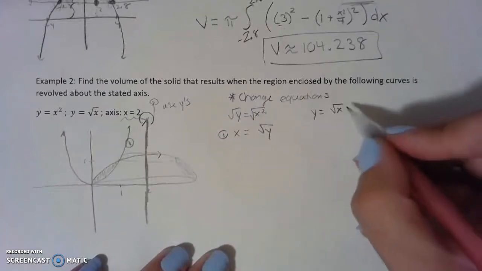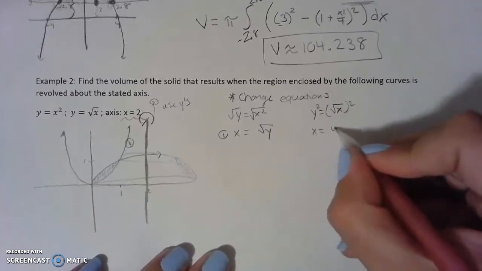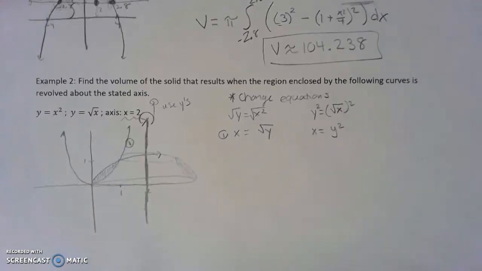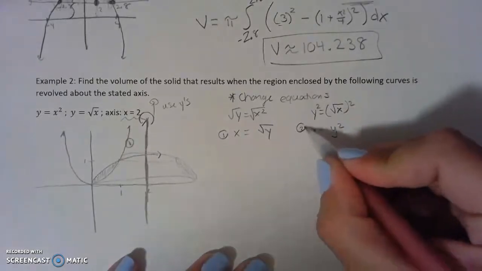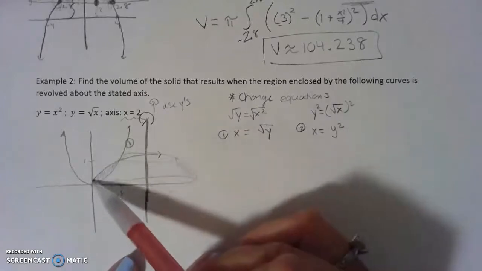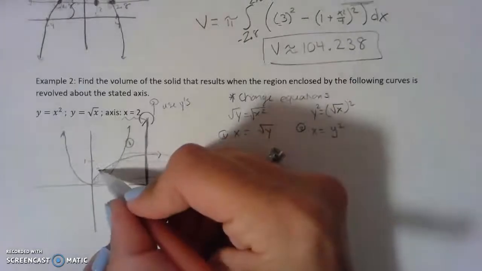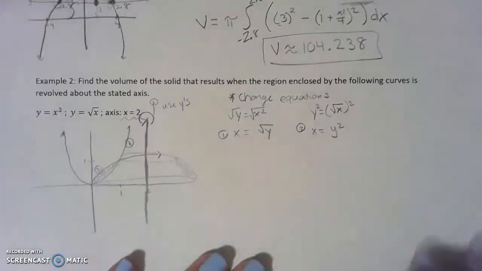To undo a square root, we square both sides, so this gives us x equals y squared. I'm going to call this little 2, this was the square root of x, so that means that's this piece right here. So this was my function that I'm calling 2.